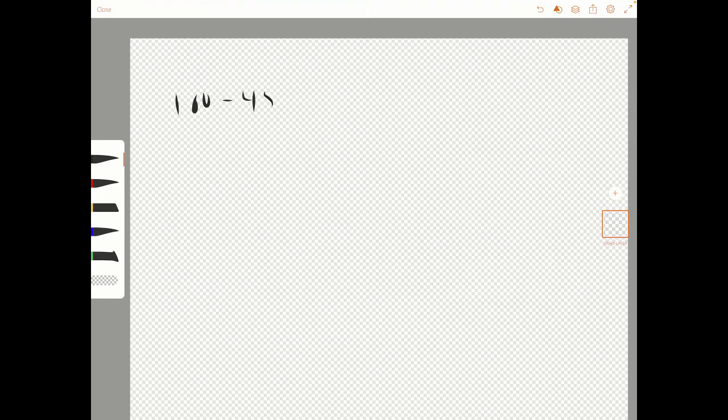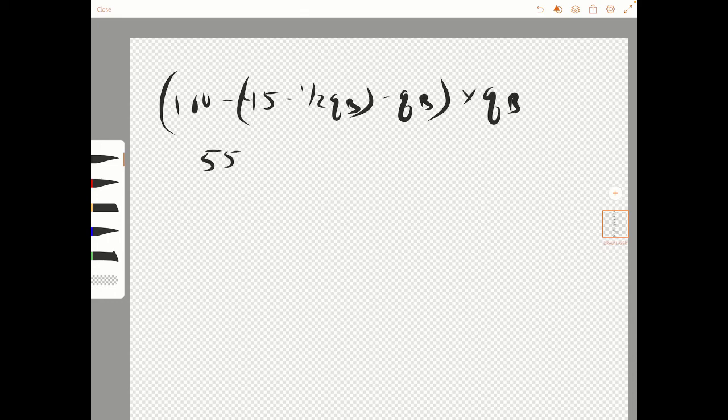So 100 minus 45 minus 1/2 QB minus QB. That's our price, and we're going to multiply that times the output QB. So let's reduce this down. We have 55, and then we've got a negative sign out here, so we need to be careful what we're doing here.